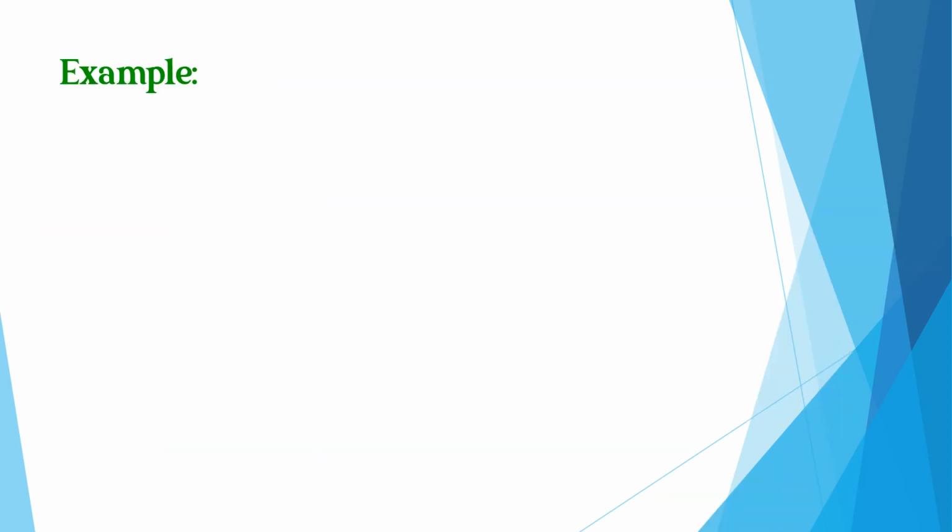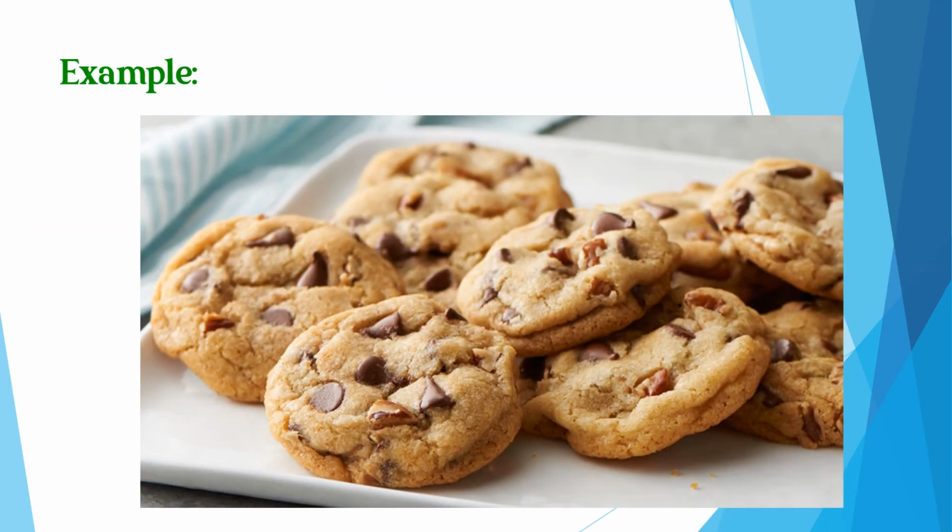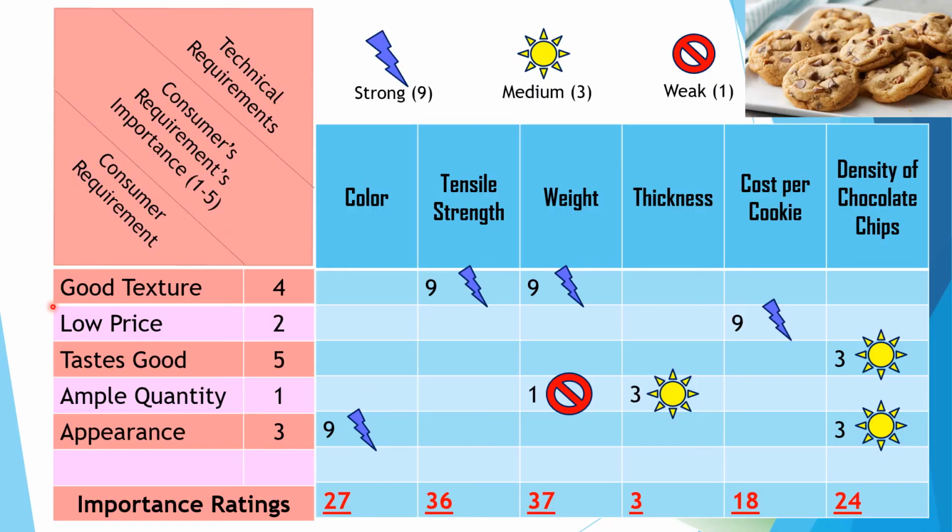So now we have an example. In the example, our product is chocolate chip cookies. So let's go into the details of the house of quality for the chocolate chip cookies. This is the customer's desire or requirement: the good texture, the low price, tastes good, ample quantity, and appearance.